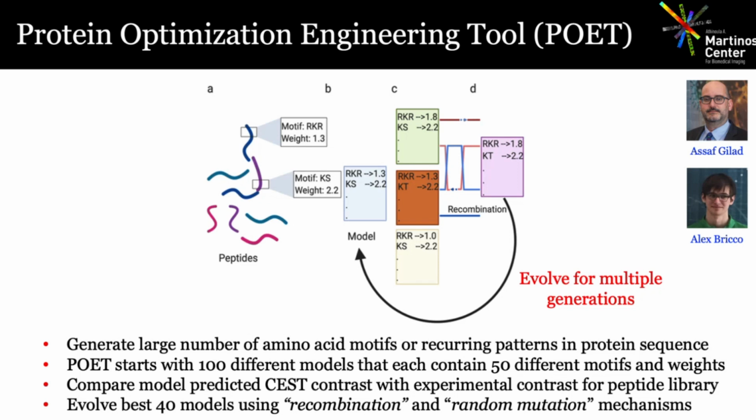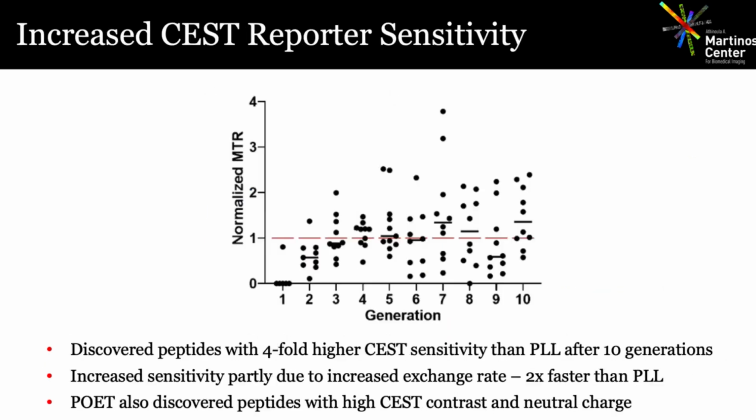And then you evolve this over many generations. You take the best 40 models, and then you can also have recombination and random mutation mechanisms where you mix up some of the amino acid motifs or change some of the weights, in order to train this genetic programming tool to predict what are going to be the best proteins.